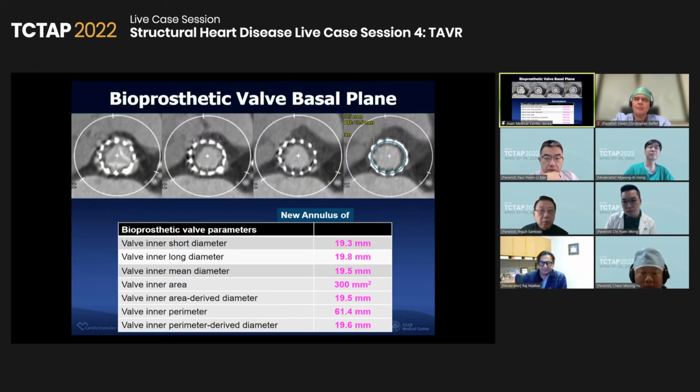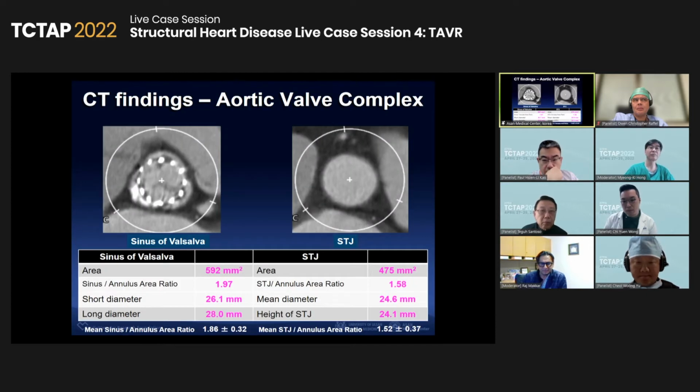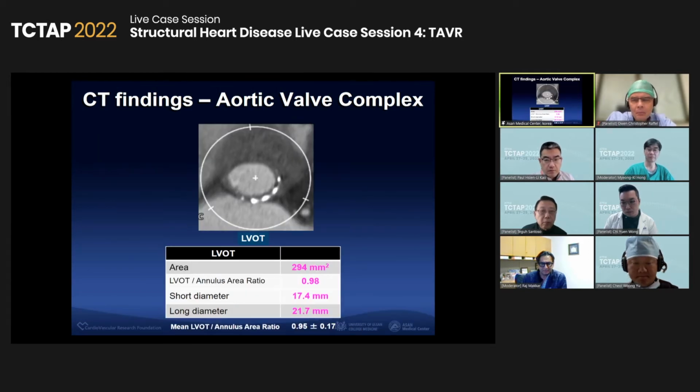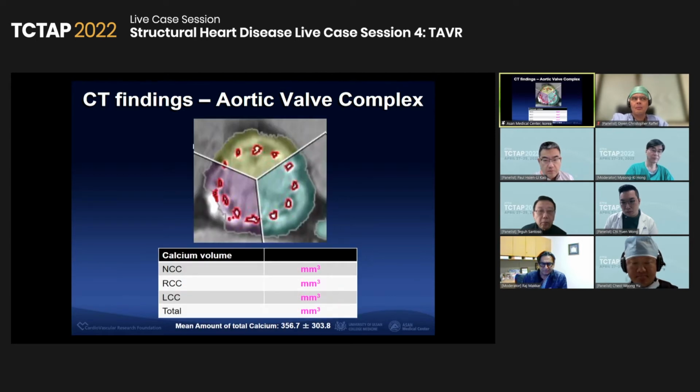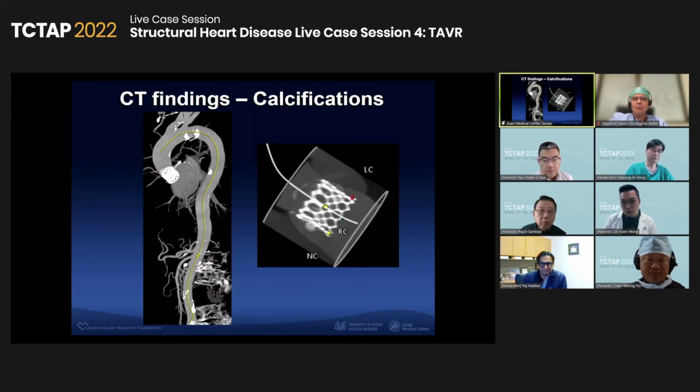We checked the current status of the valve, and the valve inner mean diameter was 19.5 millimeters with an inner area of 300 square millimeters. You can also see the leaflet thickening. In the LVOT area, there is no severe calcification at the landing zone. You can clearly see the shape of the valve.